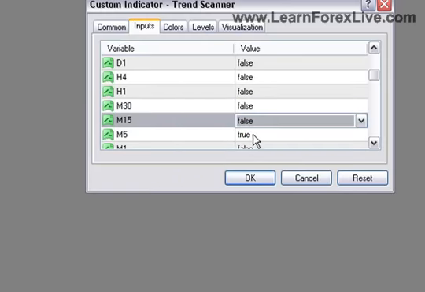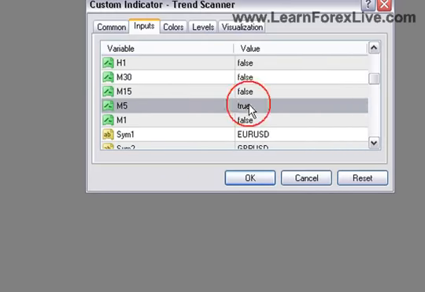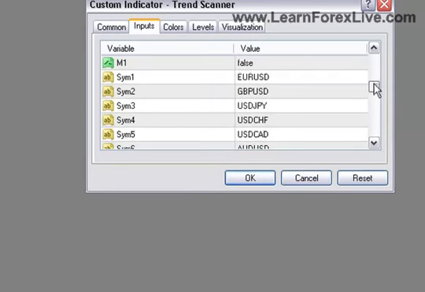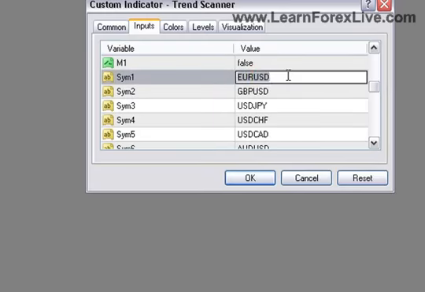You just need to click all of them into false, and then down here you can select the currency crosses you would be interested in. Okay, let's assume you are not interested in trading the euro against the American dollar. Well, no problem.